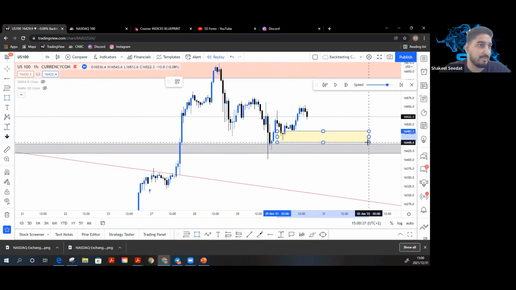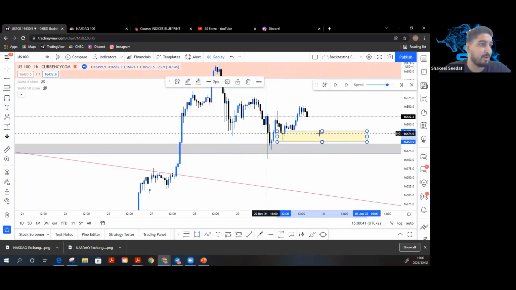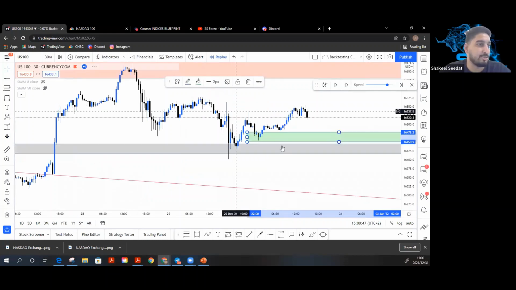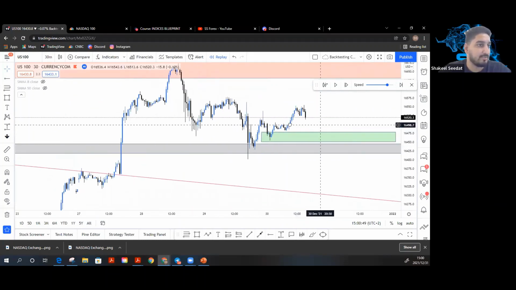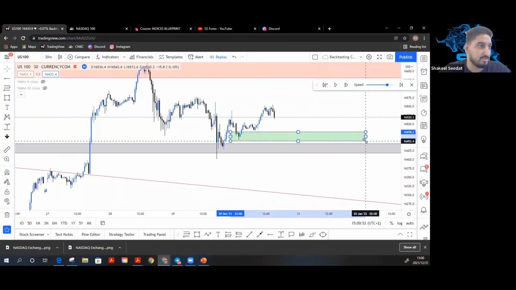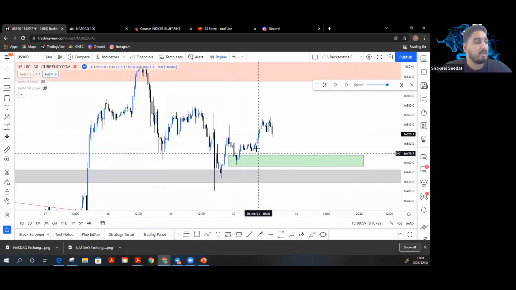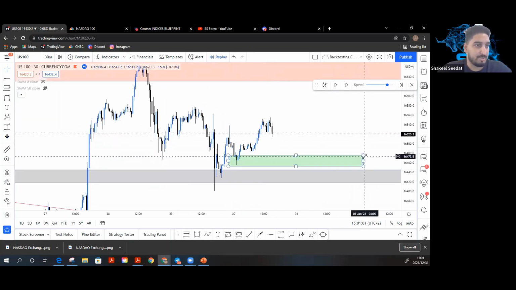This would generally be our demand zone. This is a valid demand zone, which also occurs on the 30 minutes. If I look at the 30 minutes, there's your sell before the buy candle, and that being the demand zone currently in the market.